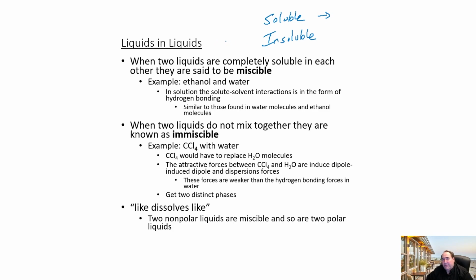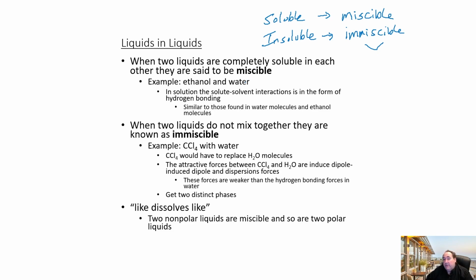Typically things are soluble. That's also sometimes referred to as being miscible, especially when we're talking about two liquids together. And something's insoluble, which means they really don't mix. That is usually immiscible. So those are two other words that are sometimes used for solubility, especially with liquids mixing together.